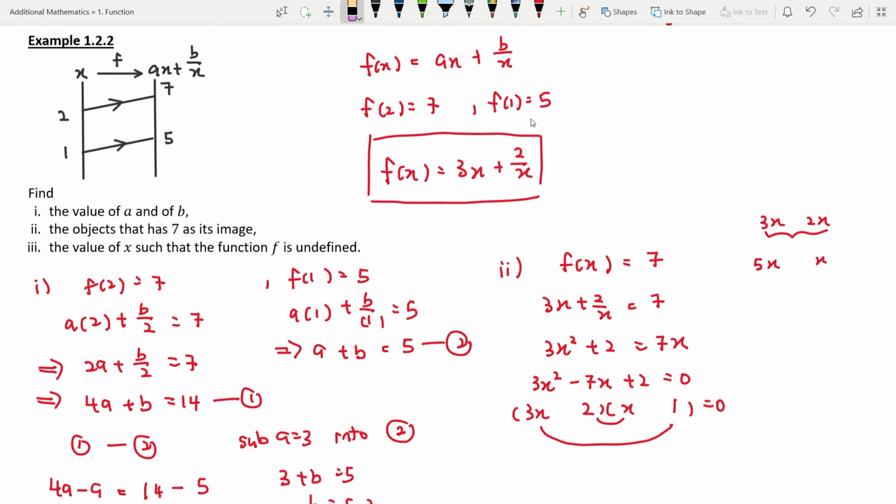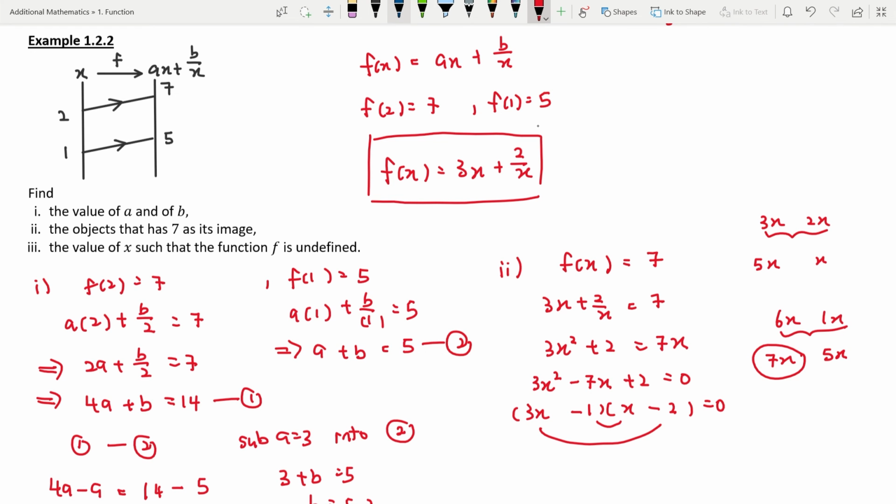Let's try to rearrange it. Let's put 1 here and 2 here. In this case, here we have 6x, here we have 1x. We can either get 7x or 5x. 7x is what we need. How to get a negative 7x? We need to get a negative 6x and a negative x.